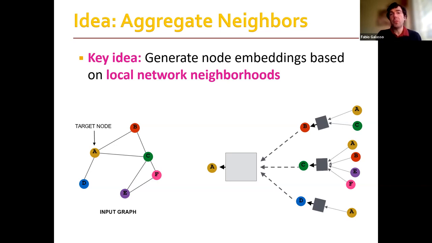The key idea here is that we want to generate some node embeddings. So each node, each joint of the human body, we want to encode. Embedding means we want to understand it. We want to develop some feature vector that characterizes it based on its neighbors, based on the local neighbors, right?